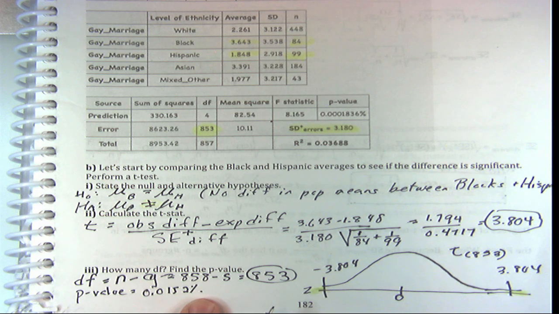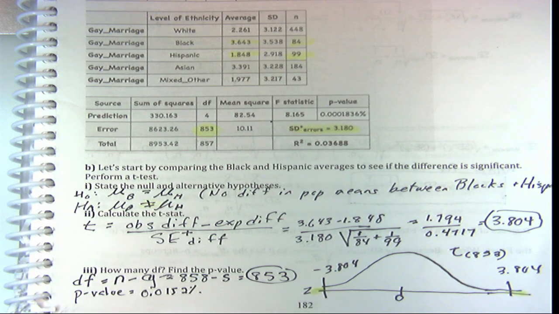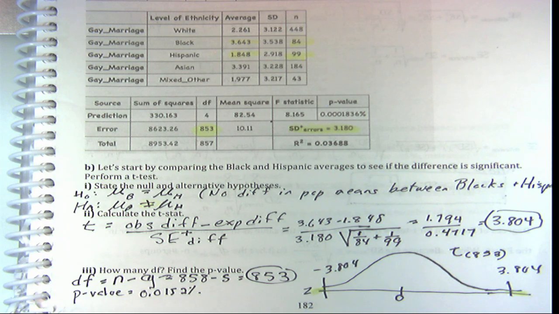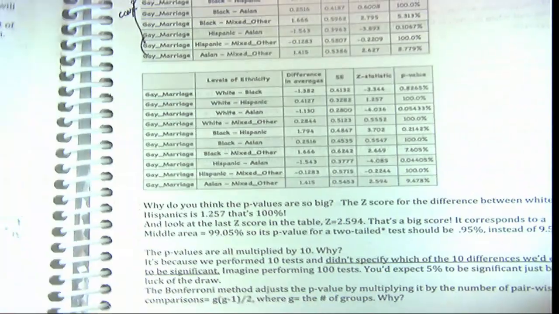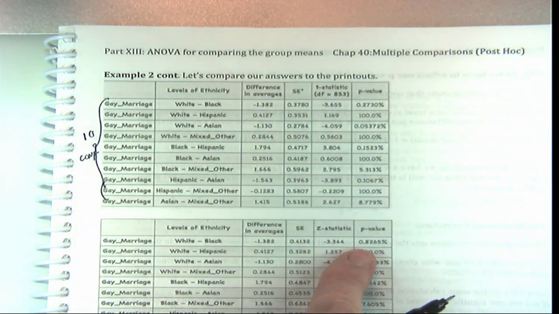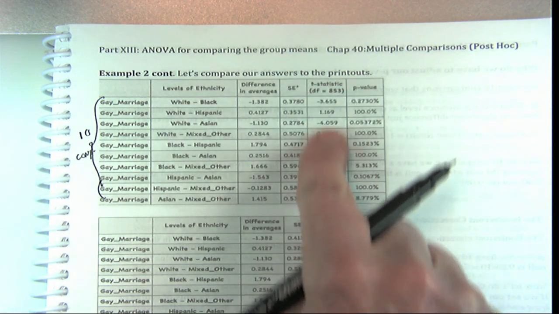If we just looked at one, and we hypothesized ahead of time that there's going to be a big difference between blacks and Hispanics among all those groups, which I certainly wouldn't have hypothesized. I was very surprised by this. I didn't know which groups would be different. I really couldn't say, so I wanted to look at all the groups. That's what the printout does right here, looking at all the groups and computing t-statistics for all of them.